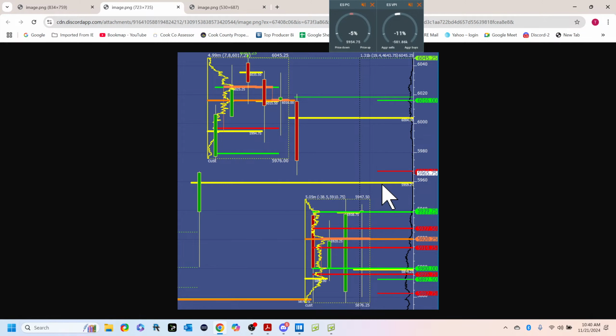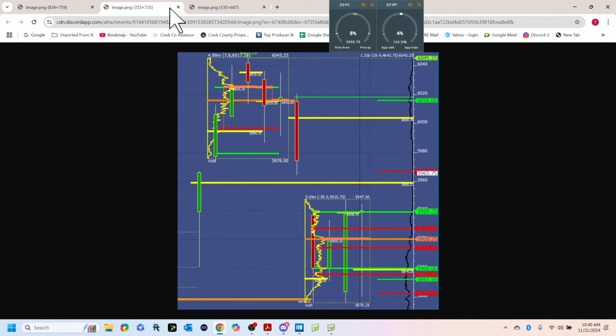Now, here's another piece. 59.66-ish, 67 actually. And what it is, a low volume node in a higher time frame. It's important because what it's doing, it's bracketing this volume and separating all of this volume. So it's a low volume area.